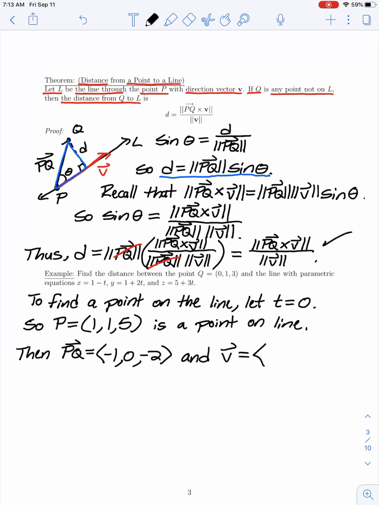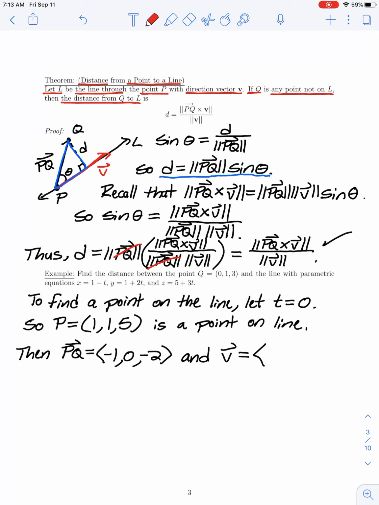So recall, in general, the notation we were using for that direction vector was the vector whose components are little a, little b, and little c. And we can read those components of the direction vector directly from our parametric equations.